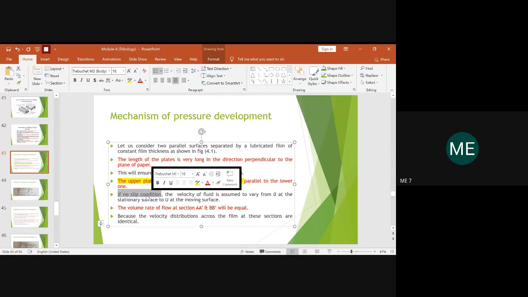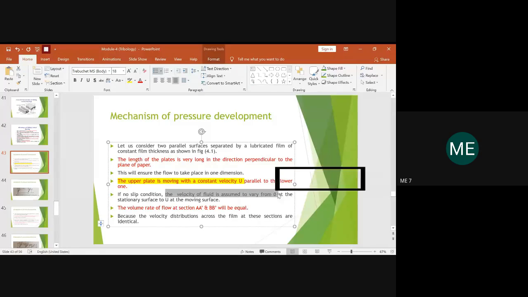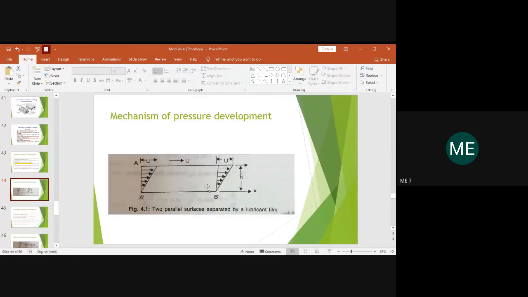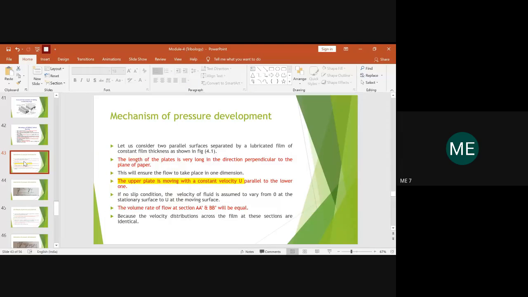So in that condition, what we assume again is the velocity of the fluid is assumed to vary from 0 at the stationary surface to u at the moving surface. So this is the stationary surface and this is the moving surface. This is sliding and it is moving with a constant velocity, right? That is what you have to understand, and it is assumed that slipping is not happening.